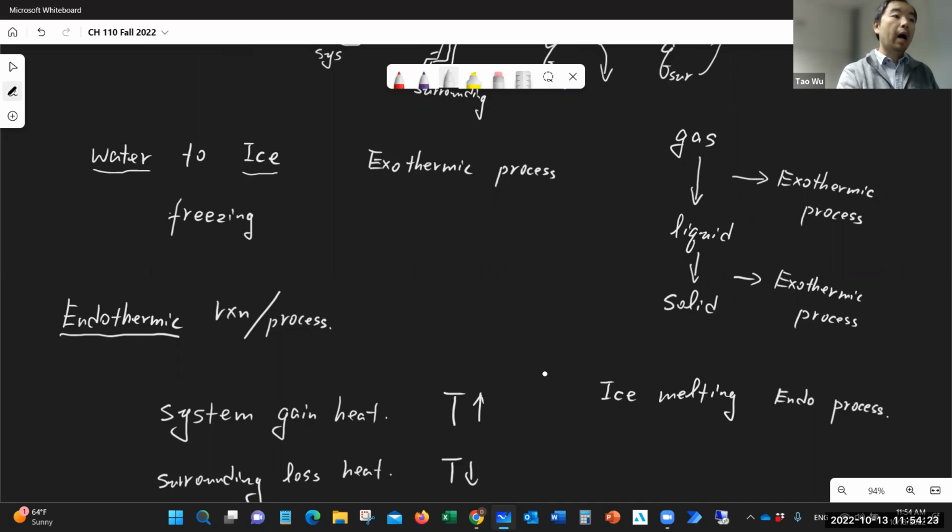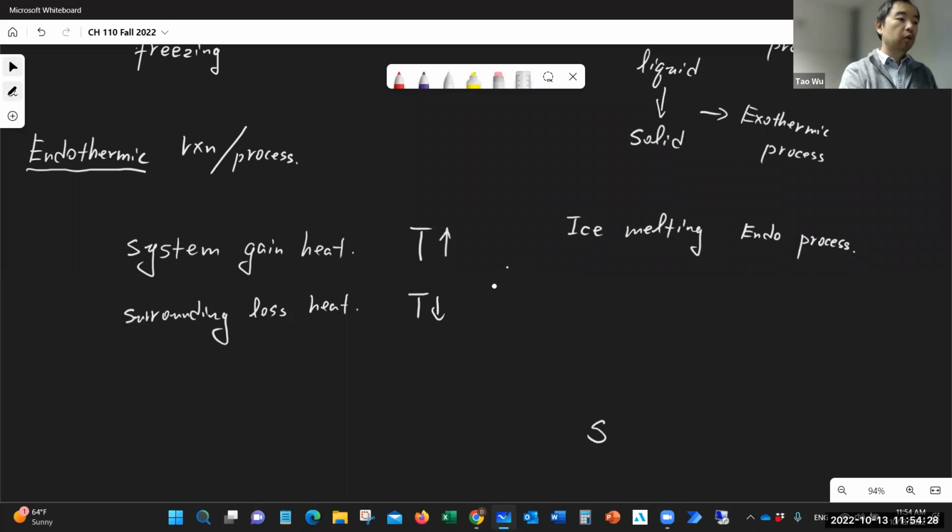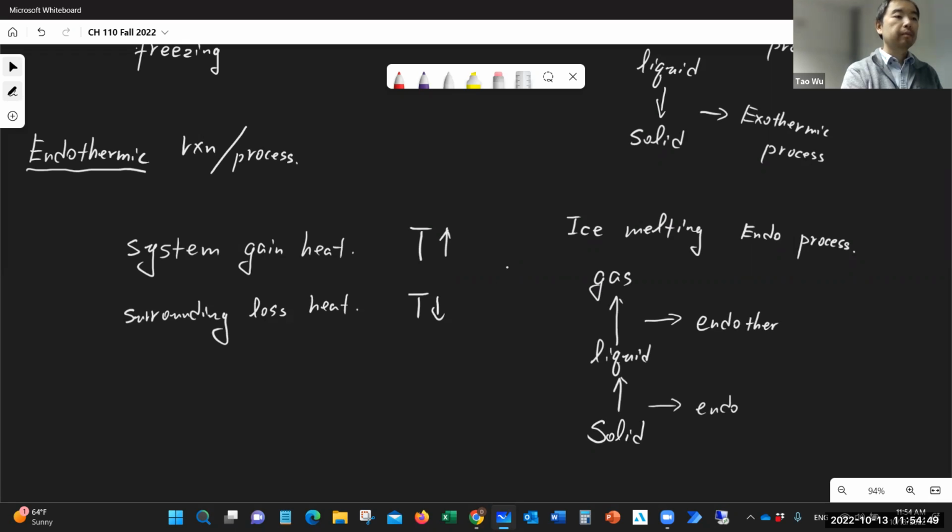But if you go upwards, from a lower state to a higher energy state, then these processes are all endothermic, because they need energy. They gain the energy.